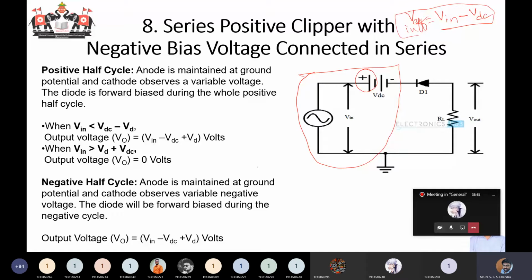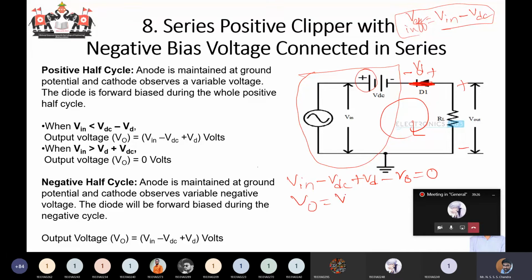So what happens when the diode is conducting? You tell me. When the diode is conducting, this is the minus terminal, this the plus terminal, this is VD. If you write the KVL equation, again it will be V in. Now moving from the positive terminal of the battery to the negative terminal, it is minus VDC, and then moving from the negative terminal of the diode to the positive terminal, that is plus VD, and then minus V0 equal to 0.